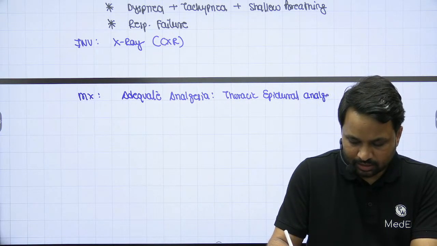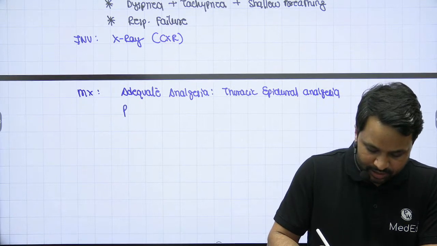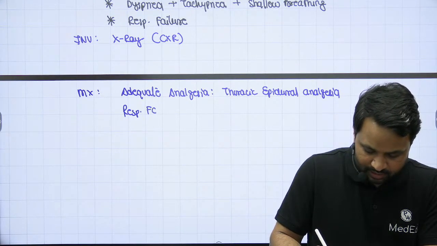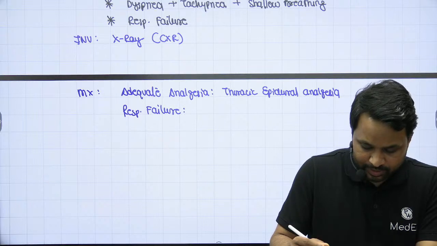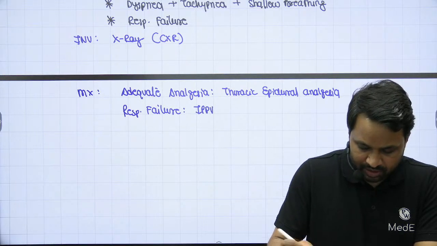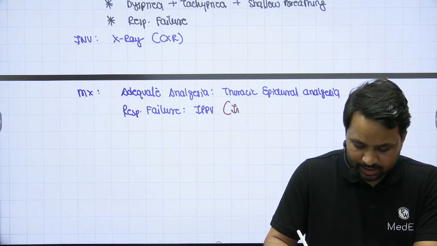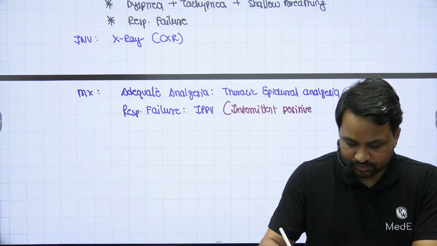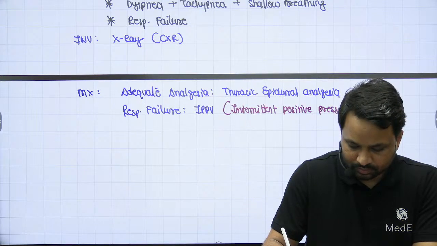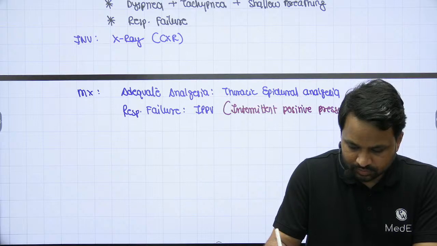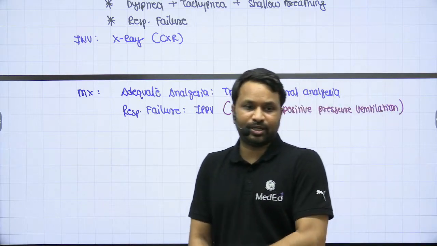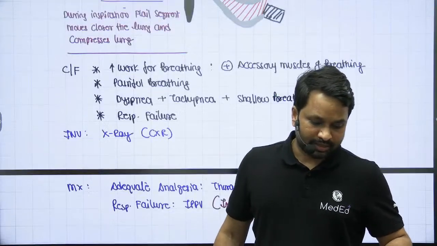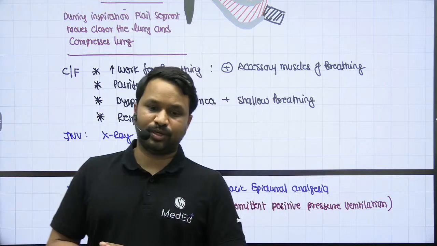If the patient develops respiratory failure, then it is better to intubate and give IPPV, that is intermittent positive pressure ventilation. So this is what you will do in the management of flail chest.